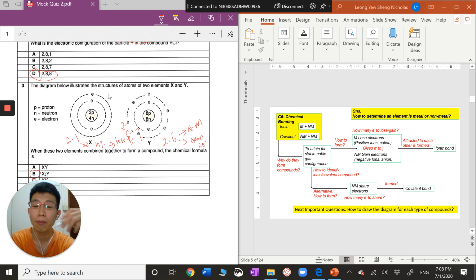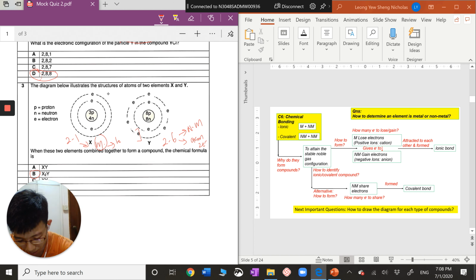When an element has 1, 2, or 3 valence electrons, they belong to group 1, 2, or 3, and they are metal. So X is a metal, and metals tend to lose electrons, so it tends to lose 1 electron. While element Y is group 6 because it has 6 valence electrons, and it's a non-metal.